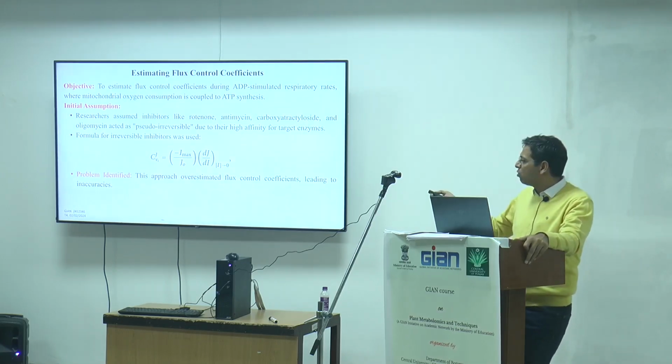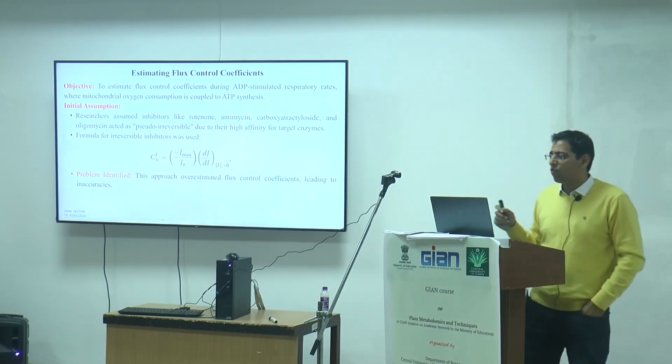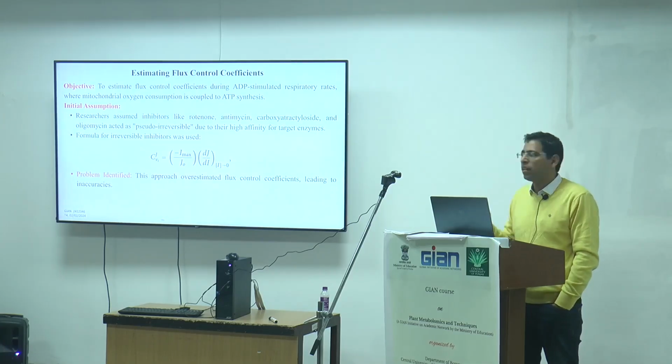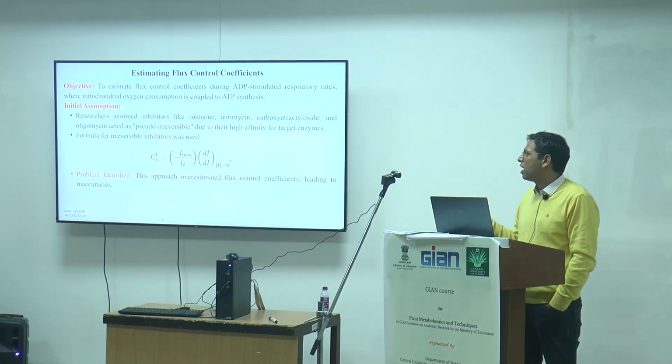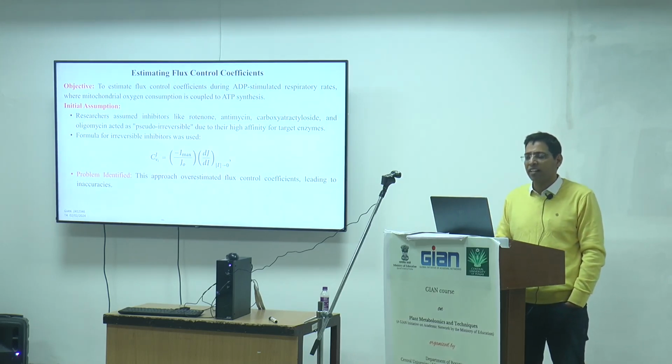For this we have used this reaction, and this is just an illustration for all of you. I'm not going into detail, but if you want to identify some inhibitor, some pathway flux control coefficient, we use inhibitors such as rotenone, antimycin, carboxyatractyloside and oligomycin, which act as pseudo-reversible inhibitors due to their high affinity for the target enzyme.